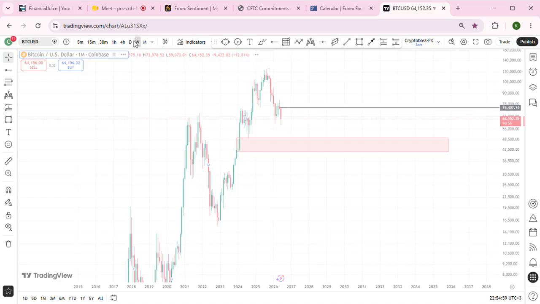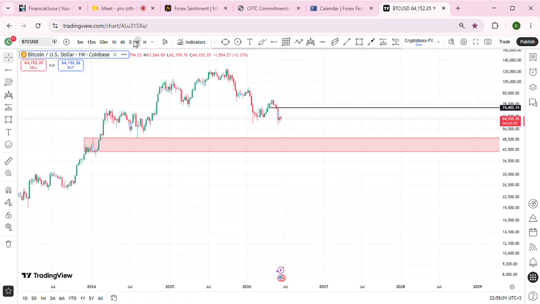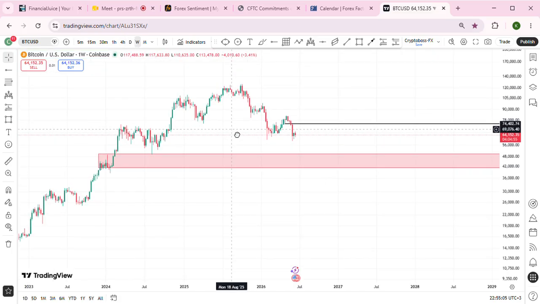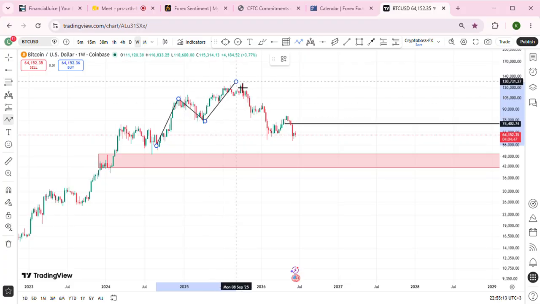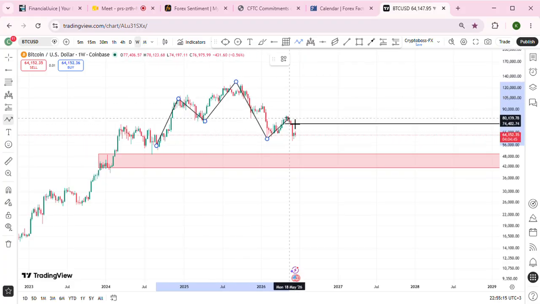So let's go to weekly time frame. When you check on weekly time frame, just a quick look, you can see the market has formed a head and shoulders pattern, and currently the market is dropping. I expect Bitcoin to drop.